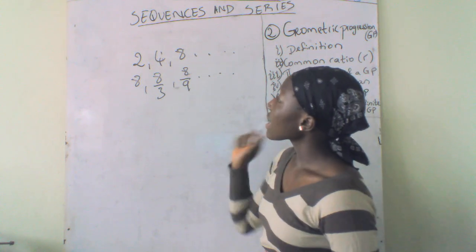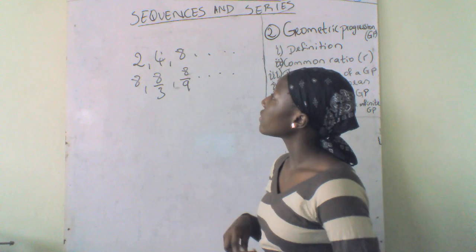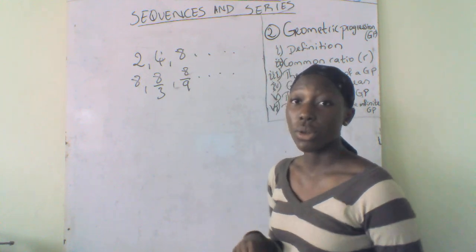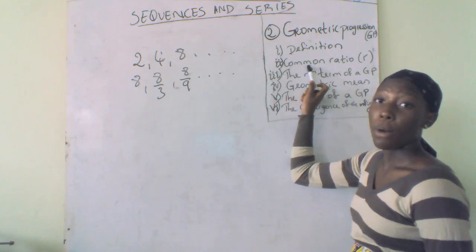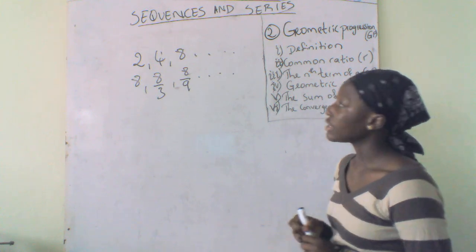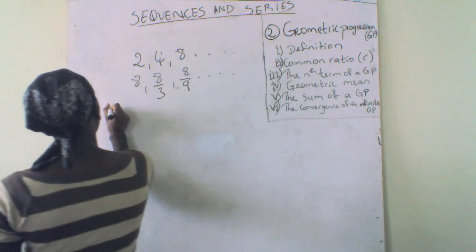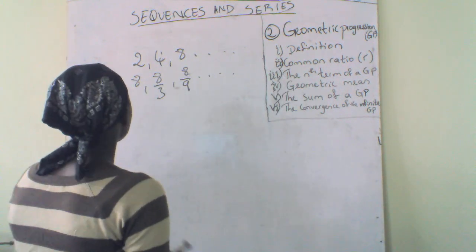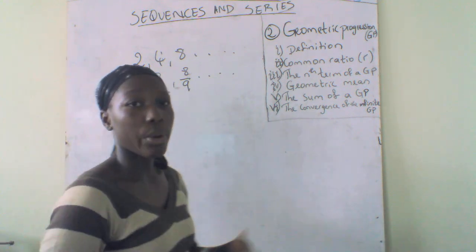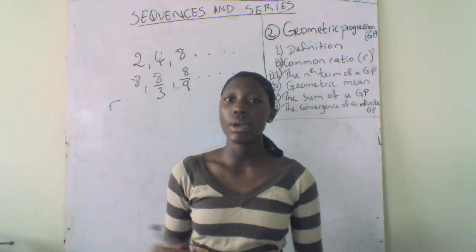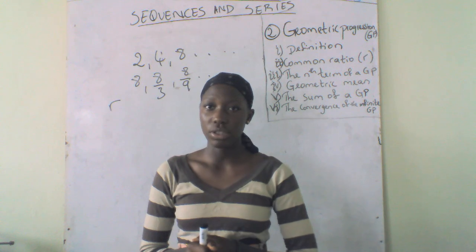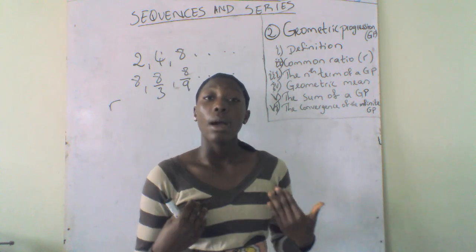So the constant number multiplying the individual terms is usually known as the common ratio. It is denoted by R. So from this common ratio, we can consider whether a sequence is in a geometric progression or not.